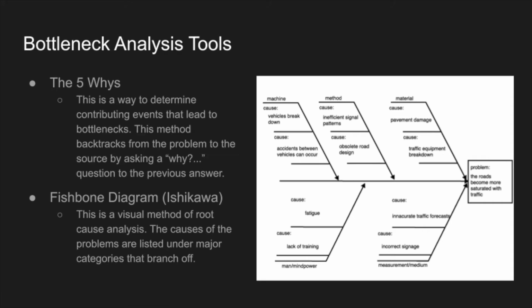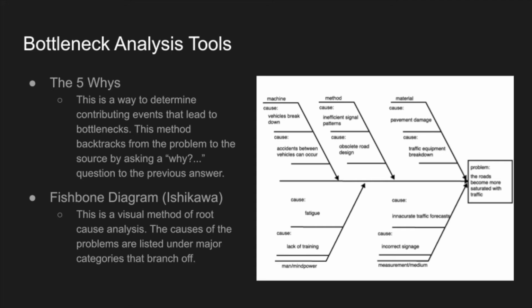Now we are going to take a look at the tools we can use to analyze bottlenecks and find them. The first one is the 5 whys technique, which involves asking a question on a broad scale, and then to each answer to that question, you just keep asking why until eventually you reach the root problem.